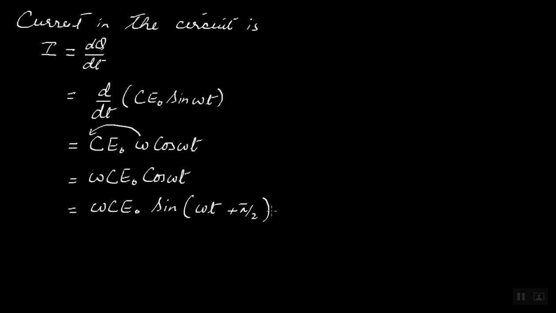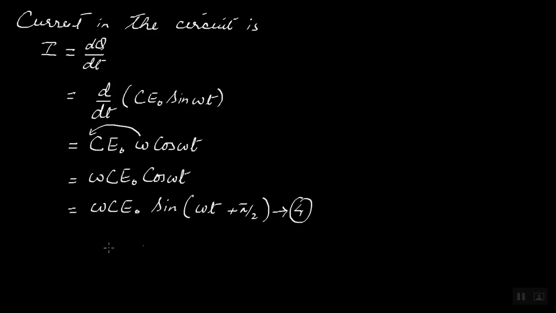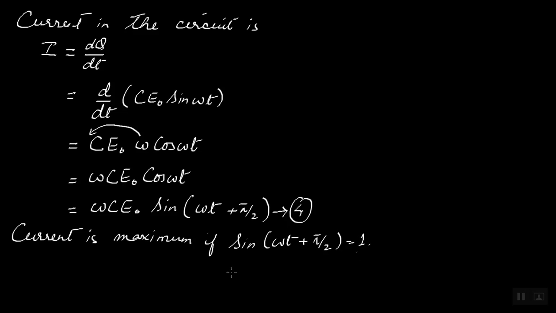So let us see when will the current be maximum. This is equation 4. So current is maximum if this part, sine omega t plus pi by 2, is equal to 1.